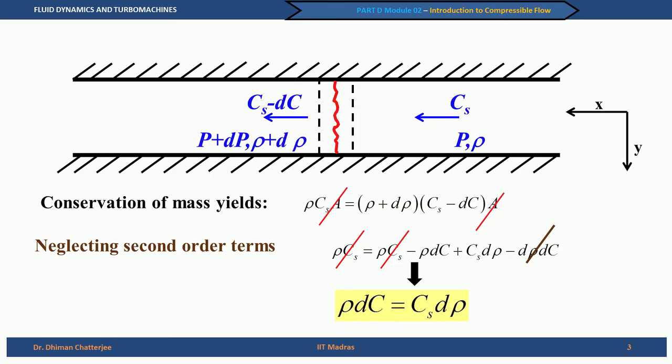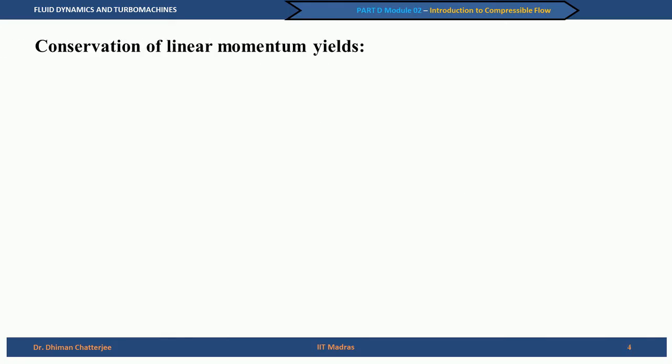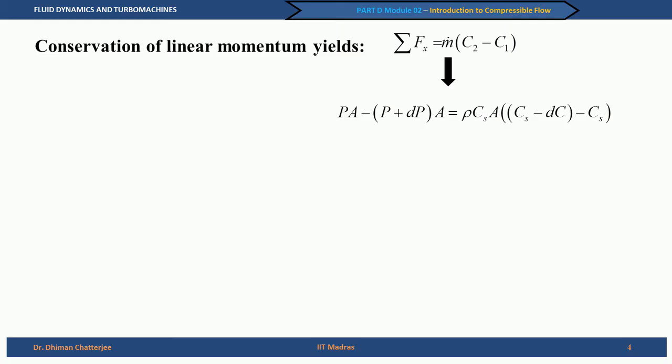So, for the conservation of linear momentum, sigma F x, the summation of all the forces, is equal to m dot (C 2 minus C 1). 2 is the downstream side to the left, 1 is the upstream side to the right according to this figure. Please keep the figure in mind. The force acting along positive x is P A, and the force acting along negative x is (P plus d P) multiplied by A.